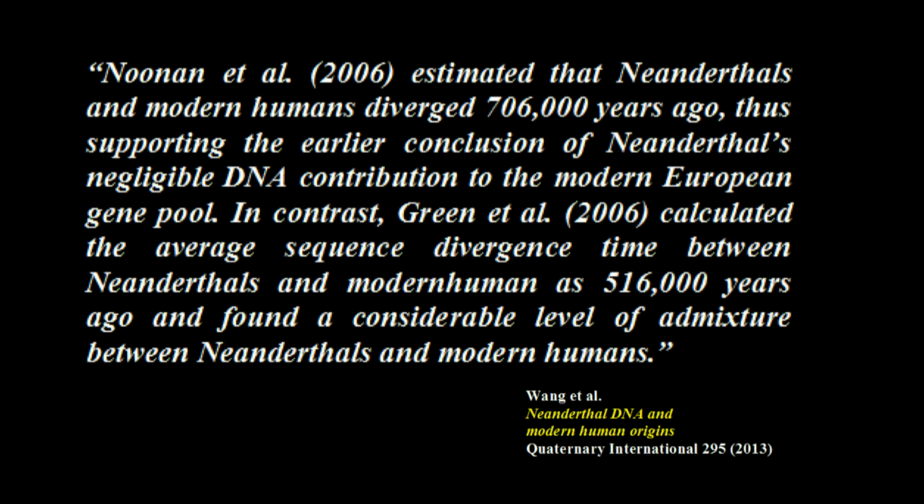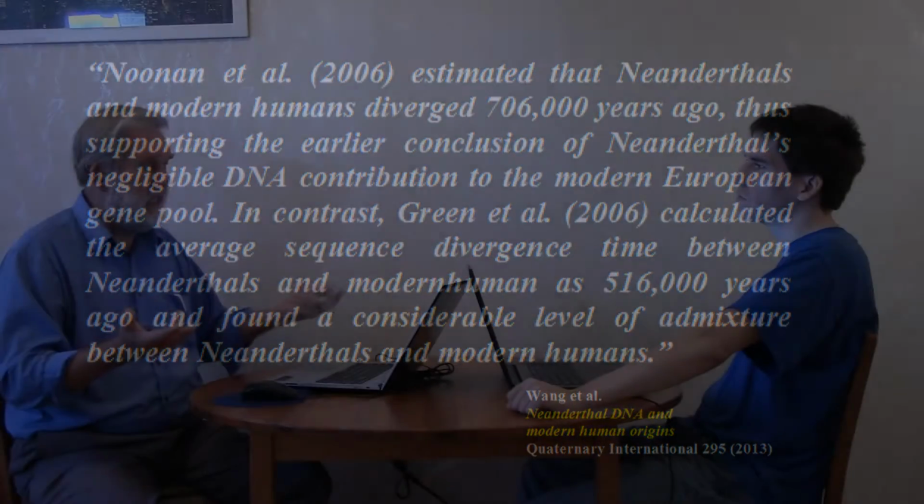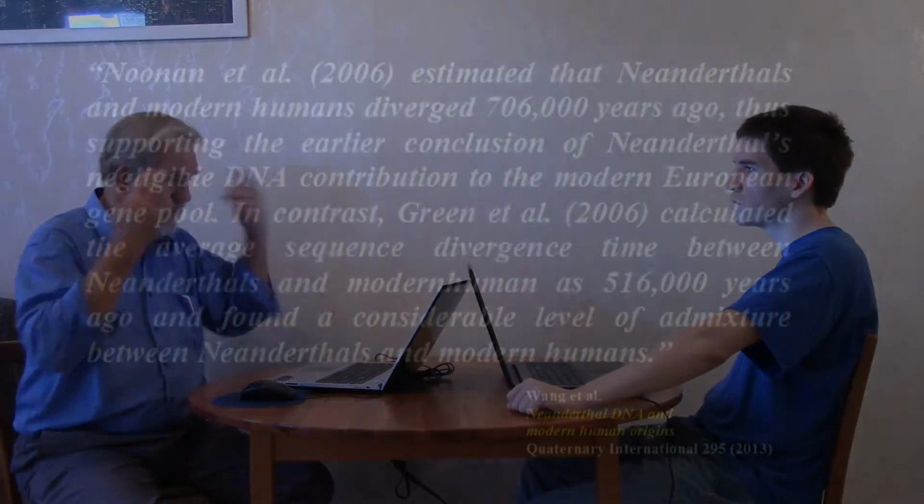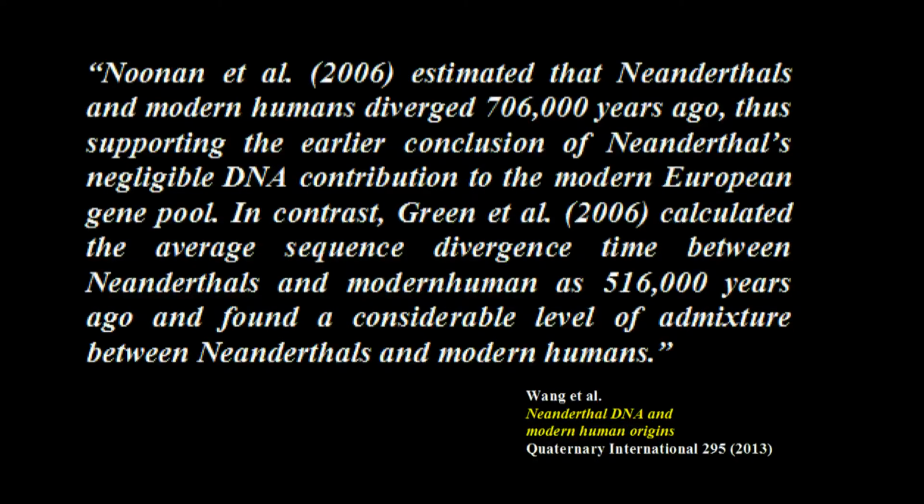He does an analysis, or he essentially quotes 2 studies. And these 2 studies were done by geneticists, right? And they end up with opposite conclusions. They do the same mitochondrial DNA study, in this case, and they end up with different conclusions. Gives you something to think about in regards to geneticists.